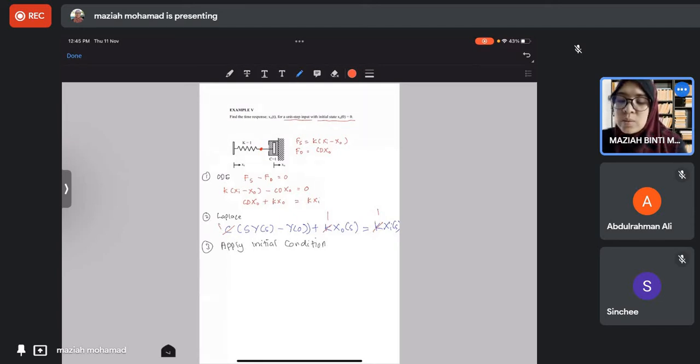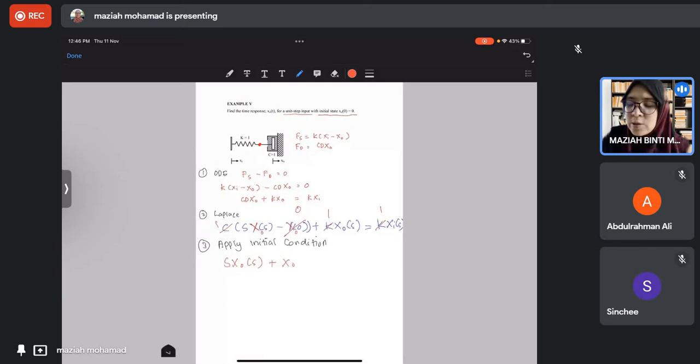The variable here should be x naught, this is x naught, and this is Xi. So x naught 0 is 0, and this term becomes 0. Applying the initial condition, the equation becomes s X naught(s), multiplied by 1, then this term becomes 0, plus X naught(s) equal to Xi(s).